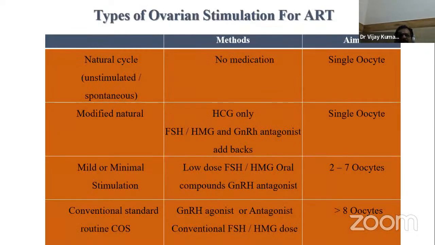So for the type of ovarian stimulation for ART, you can do it with the natural cycle as well, but whenever you are going for ART, it's always better that you induce the cycle with ovulation induction, either with CC alone or letrozole alone, or in combination, or with the gonadotropins itself.